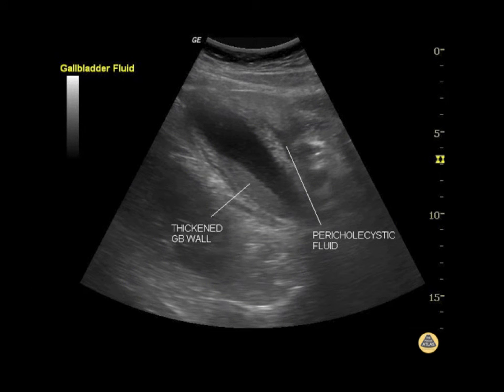Finally, another example of a gallbladder with a thickened wall, some sludge, and some pericholecystic fluid. Please be aware that just like with gallbladder wall thickening, conditions other than cholecystitis can cause pericholecystic fluid. Most commonly, you may see patients with ascites with pericholecystic fluid without an associated cholecystitis.